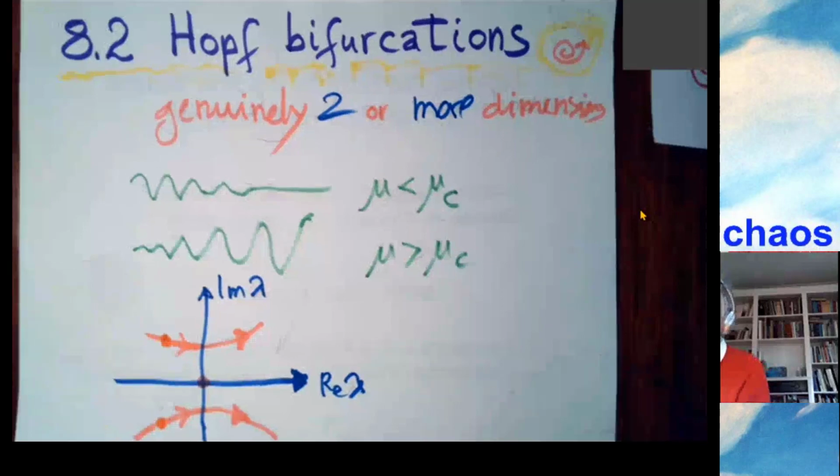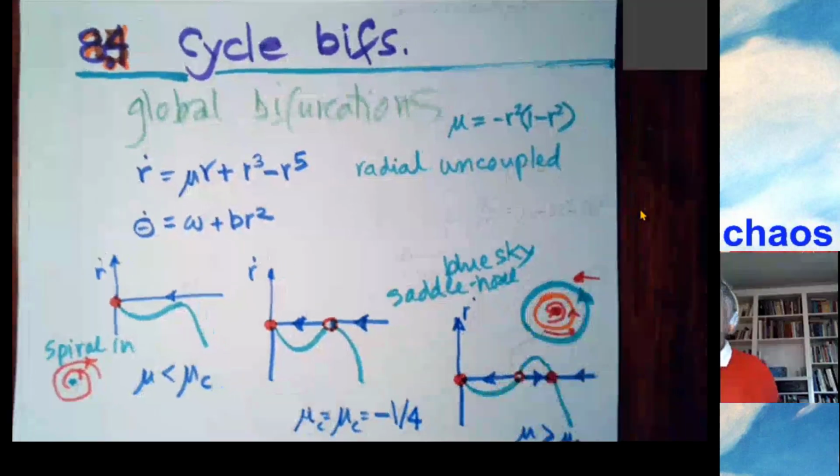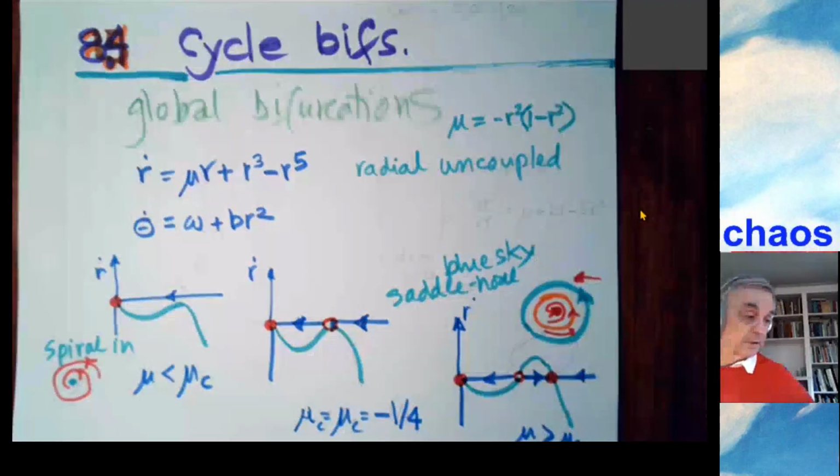One thing that's always easy to discuss are fixed points or equilibria, but other invariant objects, in particular periodic orbits, can also go unstable. That was discussed as global bifurcation, meaning that because a periodic orbit goes all over the place, when it bifurcates it does so globally.